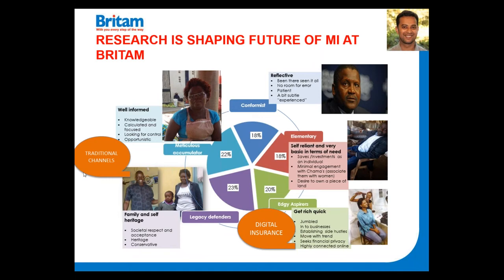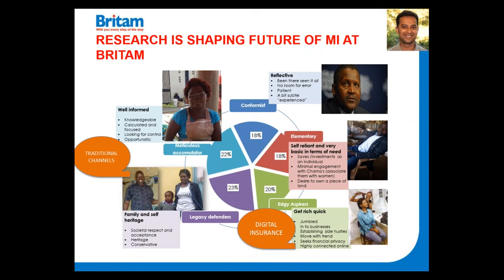But now, on the other hand, our meticulous accumulators, the segment on the top left of your screen, are older peri-urban customers who have worked hard to accumulate their resources. While they might also be present online, they prefer to avail their financial services through more traditional channels.